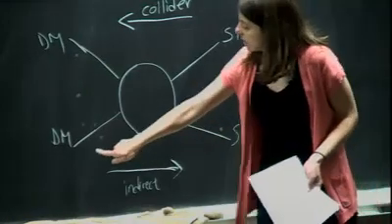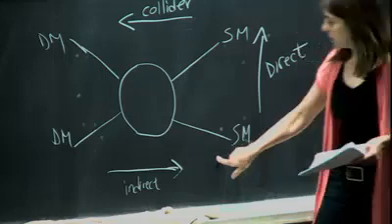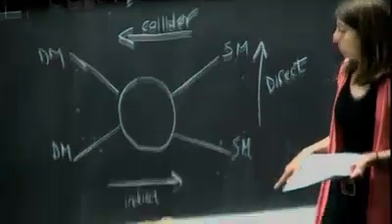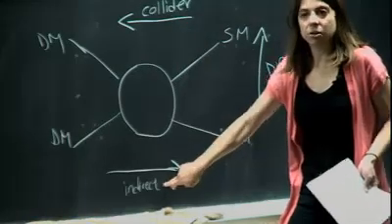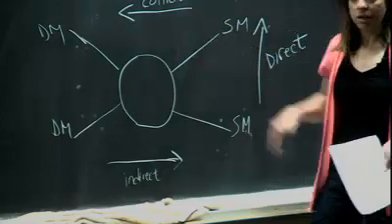You should very easily be able to use that same operator to describe going this way versus going this way versus going that way. So any limit that you would draw from an indirect detection experiment, you could then end up relating to direct versus collider.